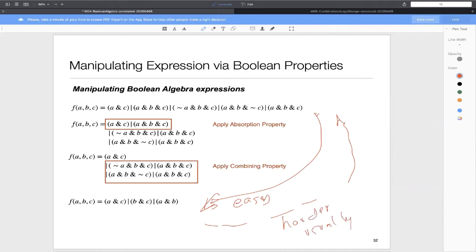Which is why the last two strategies, the XOR based strategy in the previous slide, kind of makes sense. So try this out on some examples to see how you can manipulate, but nothing fancy going on. You have done this with your regular algebra. It's just that here the operators have some additional properties.